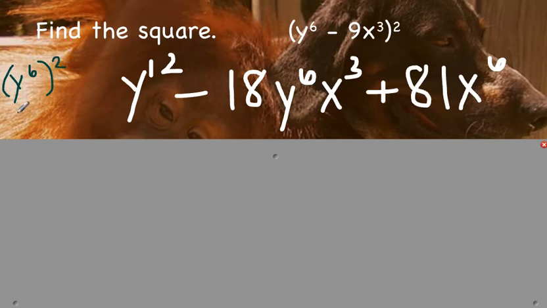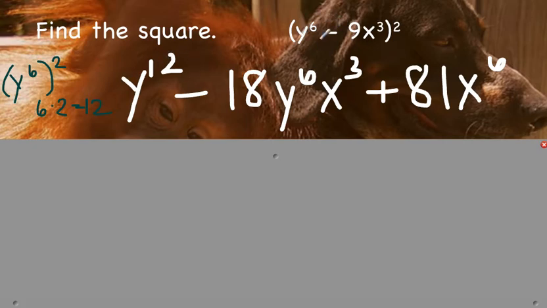And when that happens, we are multiplying the 6 and the 2 to give us 12. So that's where that's coming from. We're not really squaring the 6 to give us a 36. We're going to multiply it by 2 because that's the rules of exponents. So just keep that in mind. So we're going to have a y to the 12th as our first term.